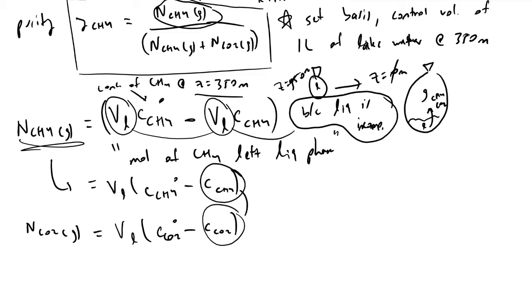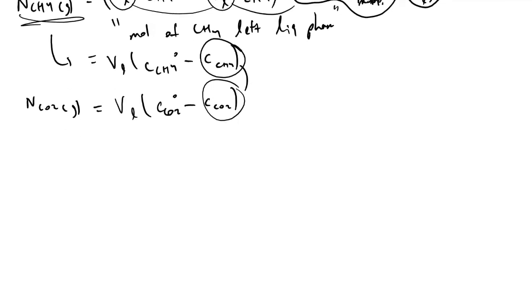To do that, we're going to turn to Henry's law. But first, we're going to go back to the definition of Henry's constant, so we can perform it first on methane. The partial pressure of methane is equal to the Henry constant of methane times the concentration of methane. We arrange this to solve for CCH4.